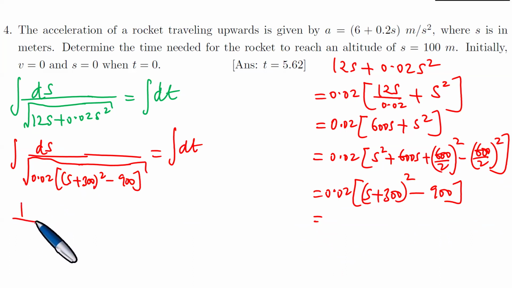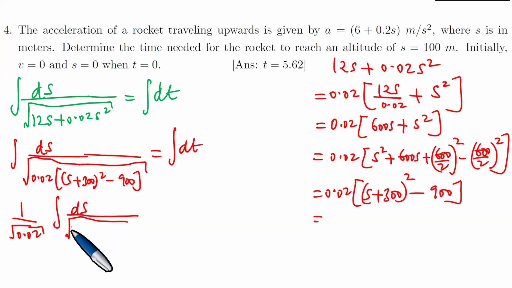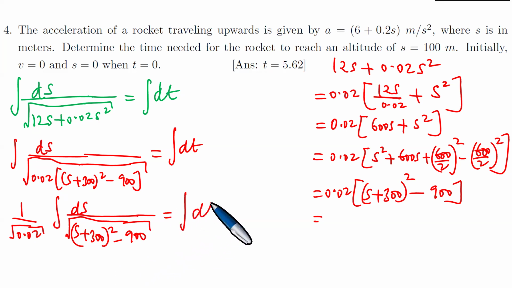Meaning that you have 1 over the square root of 0.02, the integral of ds divided by the square root of s minus 300 squared minus 900, which is the integral of dt. Right, so we have exactly that. So now we take this into account and proceed to analyze this.